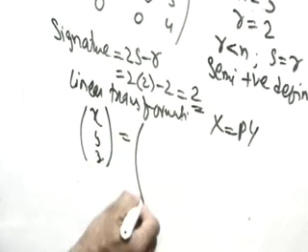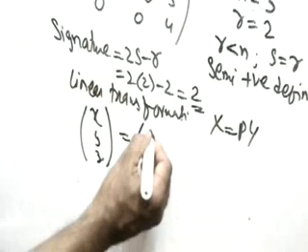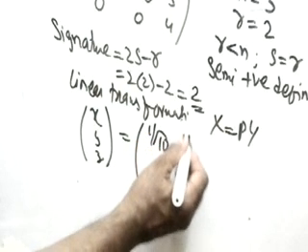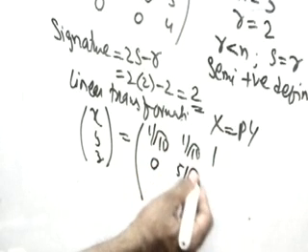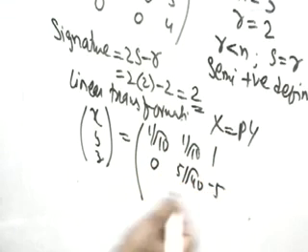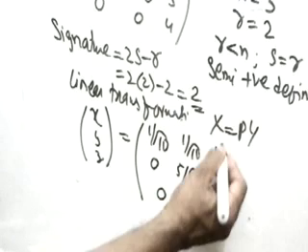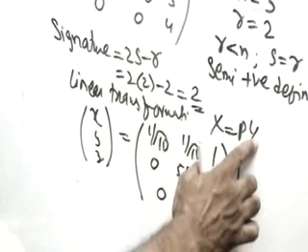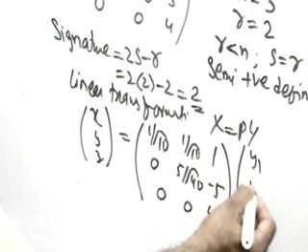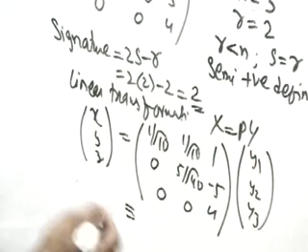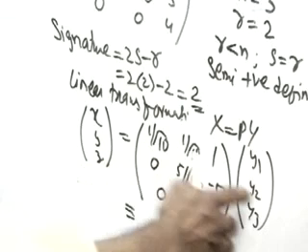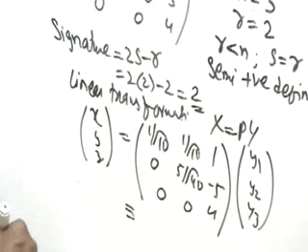So x, y, z equals P, and the value of P is 1 by root 10, 1 by root 10, 1, 0, 5 by root 10, minus 5, 0, 0, 4, into Y. Y we have taken as y1, y2, y3. So this is called the linear transformation, X equals P into Y.